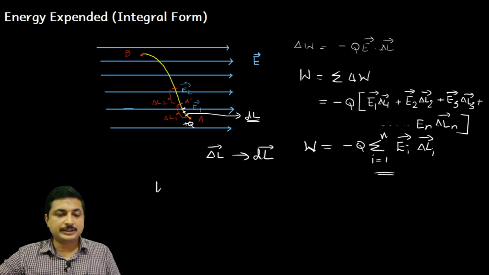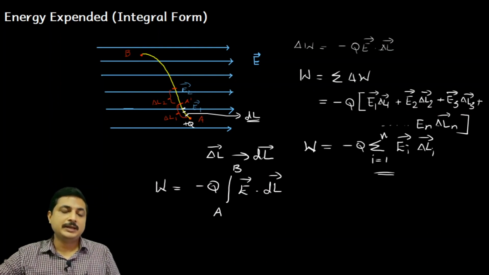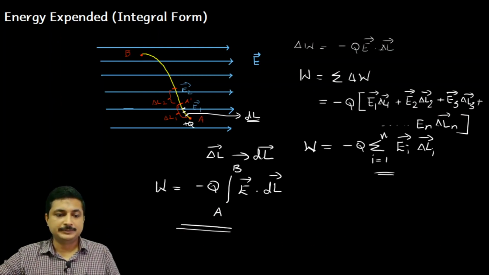My total work done is now represented as minus q. What will happen if delta L becomes dl? I have to integrate from A to B. So I integrate E dot dl. This is my energy expended, or total work done, in moving plus q charge from point A to point B in a non-uniform electric field.